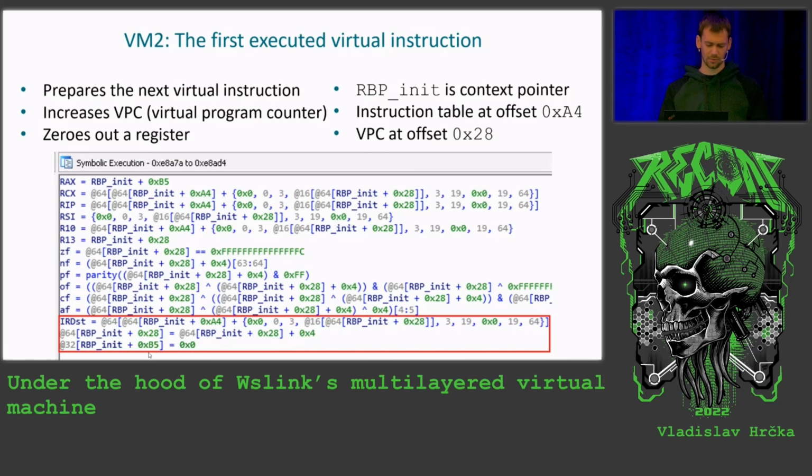Then in the next line, the bytecode pointer, which is the virtual program counter, is increased, and another register is set to 0.